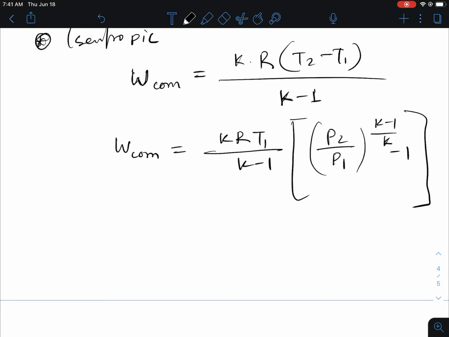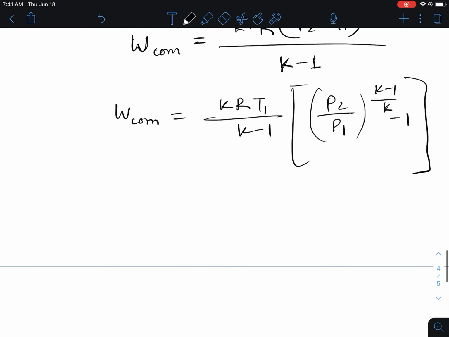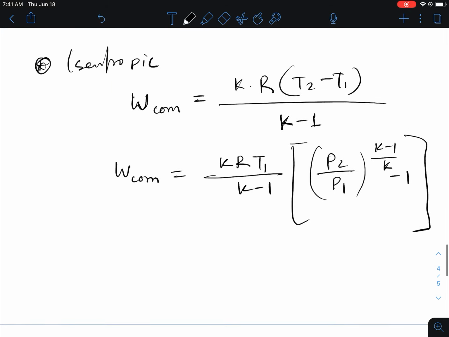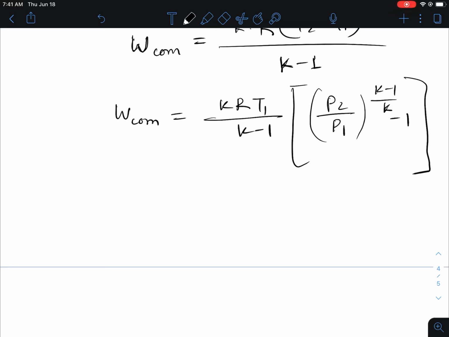If the thermodynamic process is polytropic, that involves some sort of heating or cooling. There are a lot of refrigeration or air conditioning systems that have intercooling of a compressor, or preheating of the compressor.